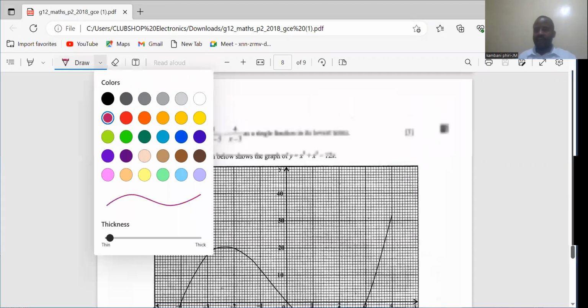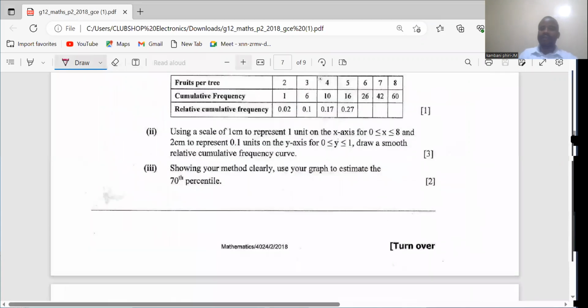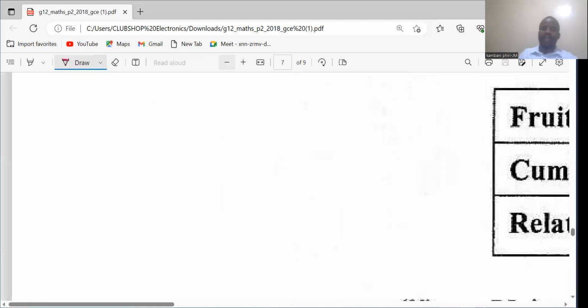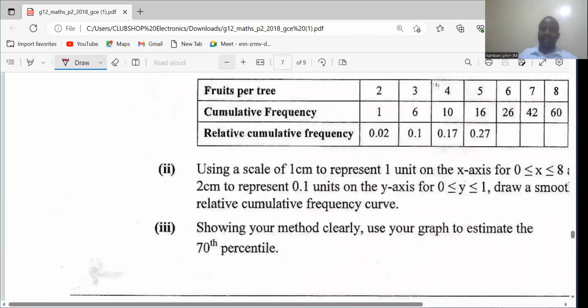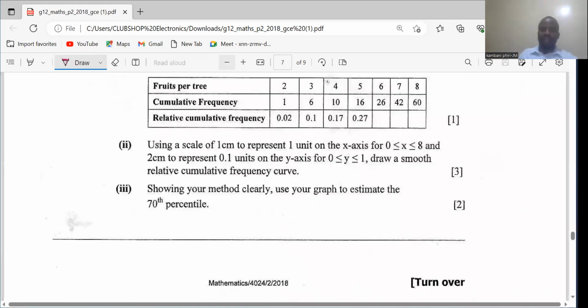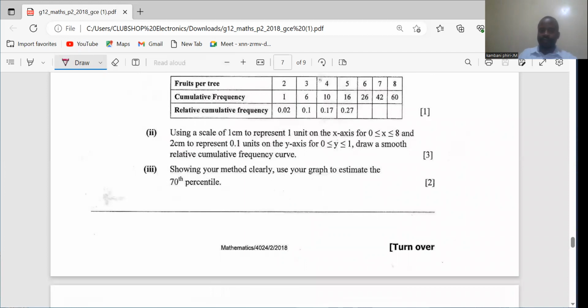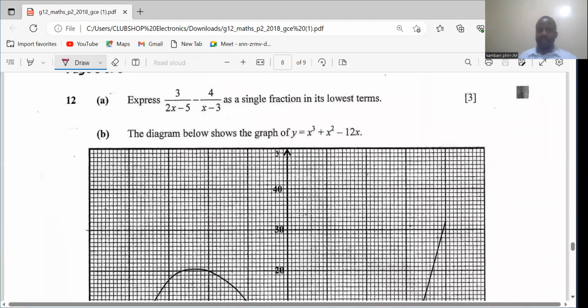You know that you can get the gradient by different methods. All right.